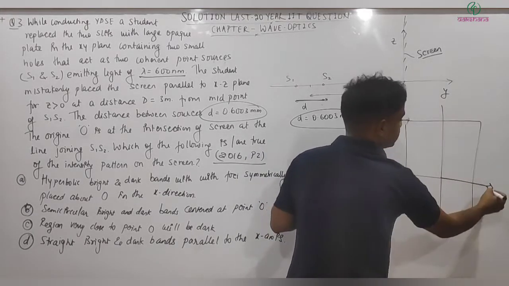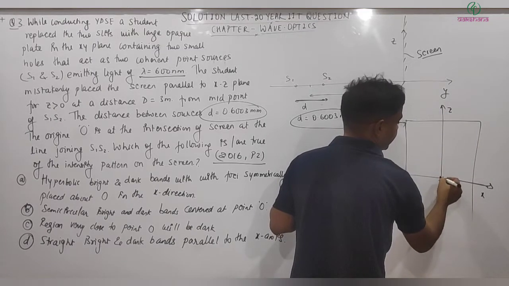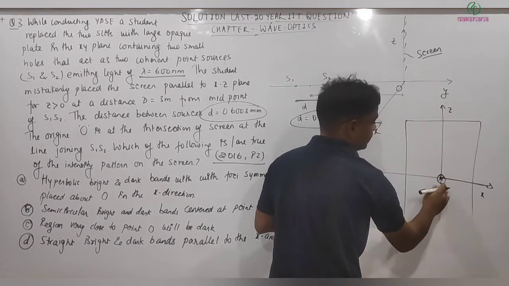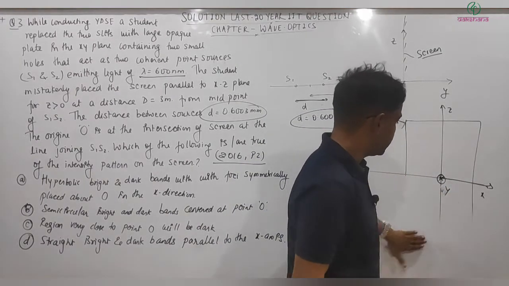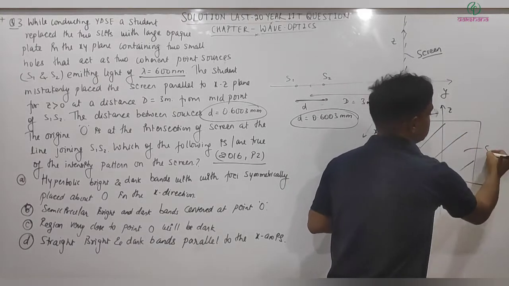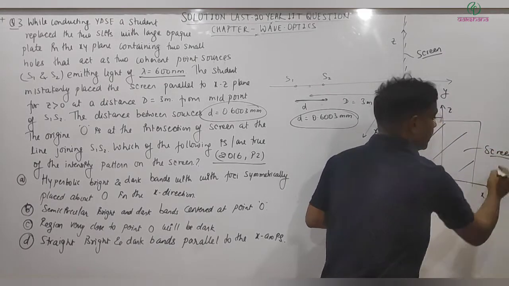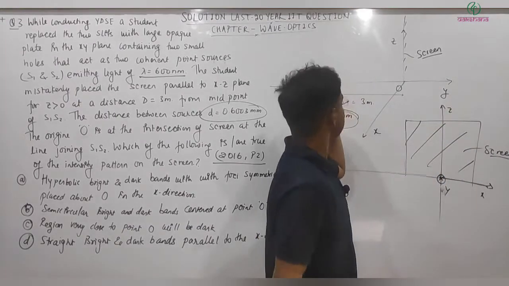According to this diagram, this will be X, this is your Z, and the Y direction is inward. So this is the screen, and basically the screen is placed only for Z greater than 0. And here is the Y axis.